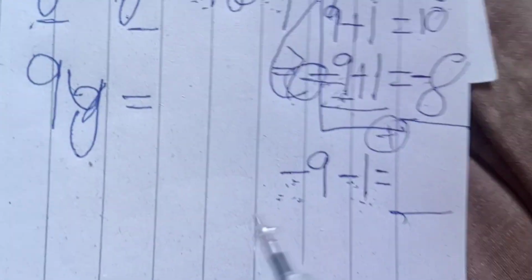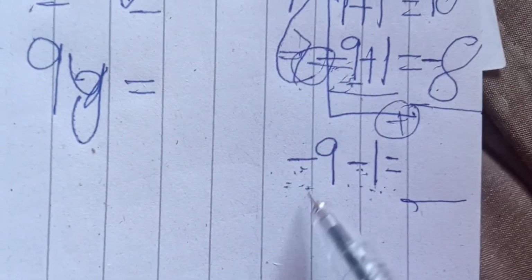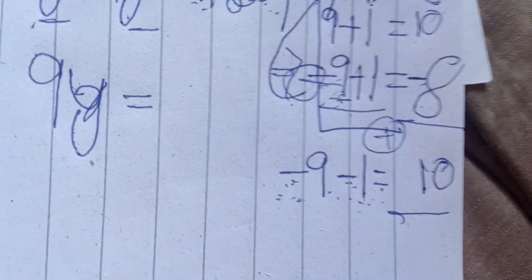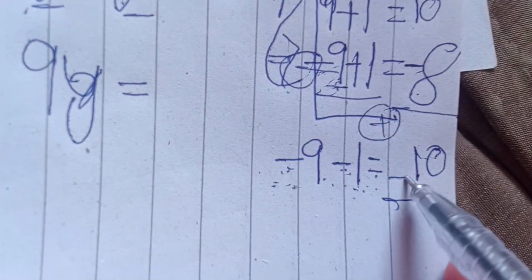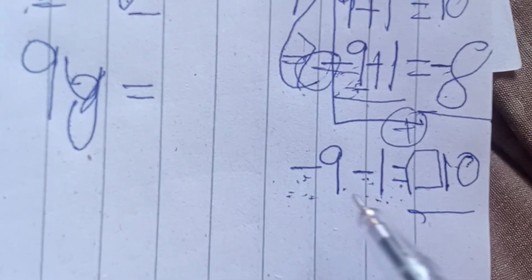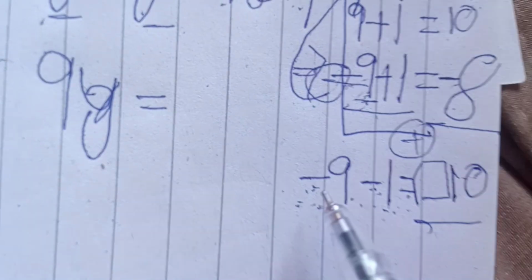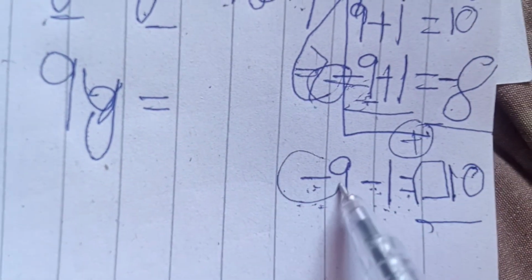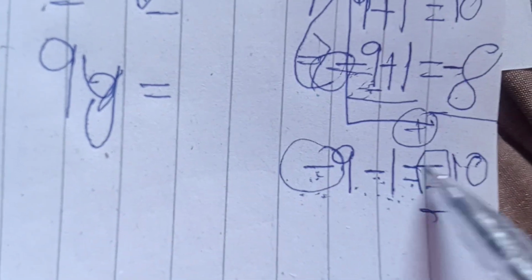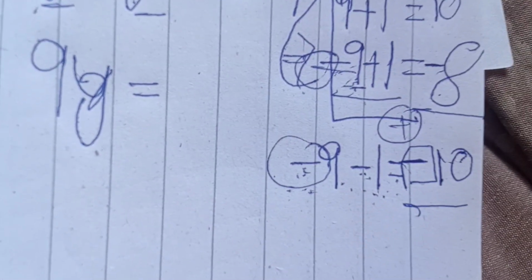We will sum both of these numbers. So 9 plus 1, 10. But the sign of our answer depends on the greater number's sign. Here the greater number is 9 with a negative sign, so I give my answer a minus sign.